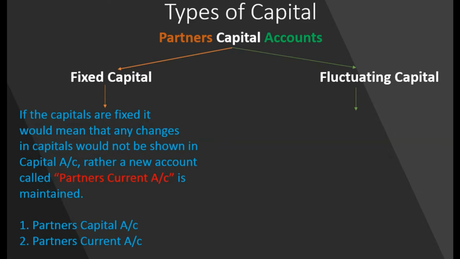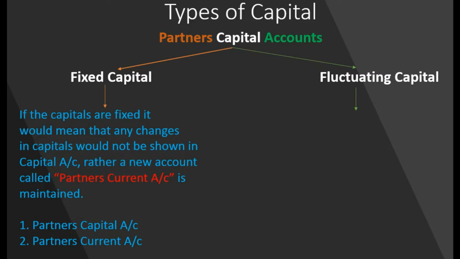For example, if a salary is paid to a partner, the capital of a partner increases. At the same time, if there is any interest charged on the drawings by the partner, then the capital of the partner would decrease. So all these adjustments which may increase or decrease the capital balance of a partner are recorded into a completely separate account called partner's current account.